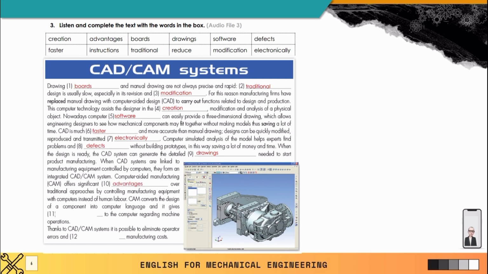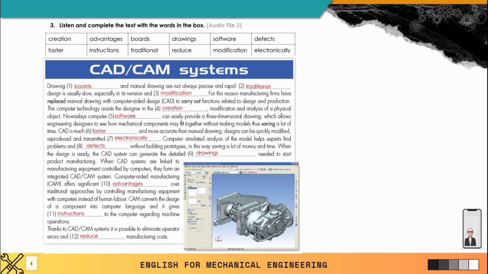When CAD systems are linked to manufacturing equipment controlled by computers, they form an integrated CAD/CAM system. Computer-aided manufacturing, or CAM, offers significant advantages over traditional approaches by controlling manufacturing equipment with computers instead of human labor. CAM converts the design of a component into computer language, and it gives instructions to the computer regarding machine operations. Thanks to CAD/CAM systems, it is possible to eliminate operator errors and reduce manufacturing costs.